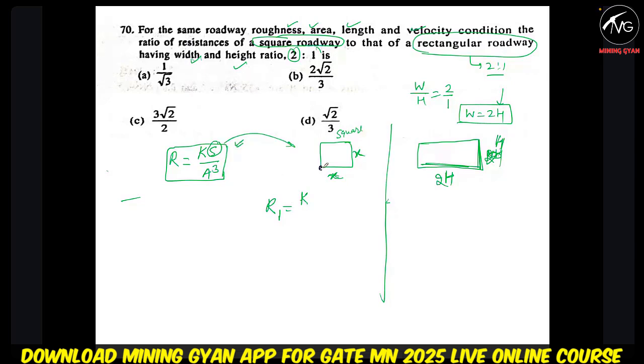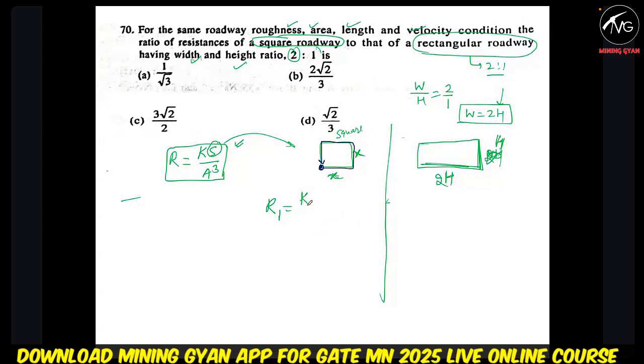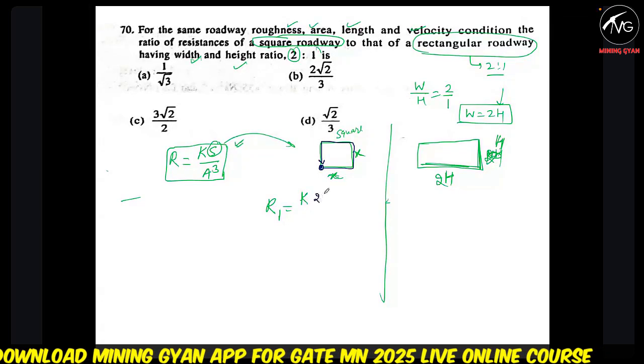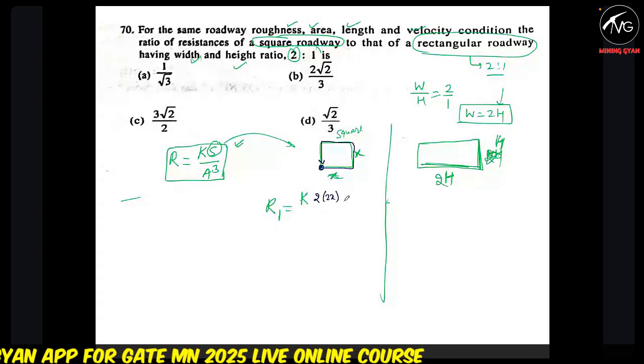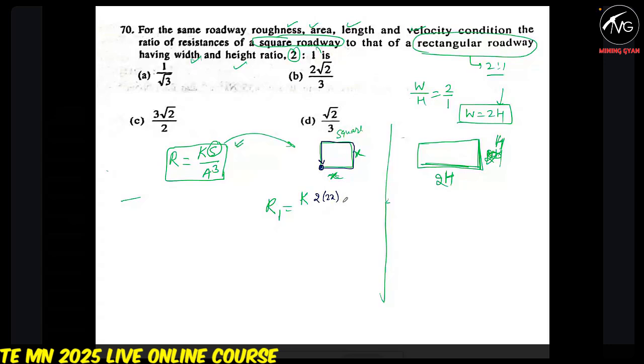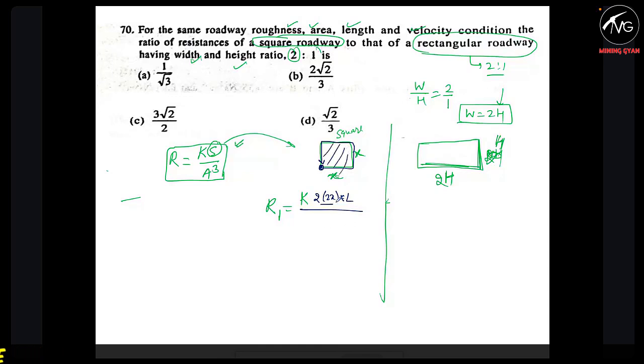So perimeter will be when you start from here and come back here, it will be the perimeter. x, 2 into 2x. Okay, 4x. Directly if you know the formula, 4x is the perimeter of the square. Okay, multiply into length divided by area of the square, x square, and power is cube.